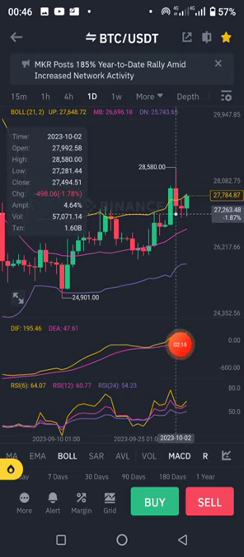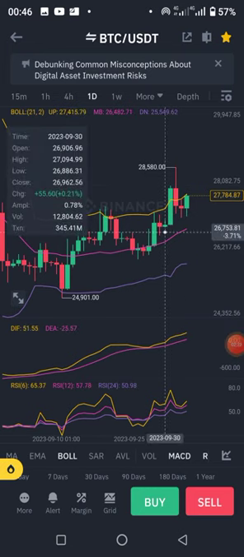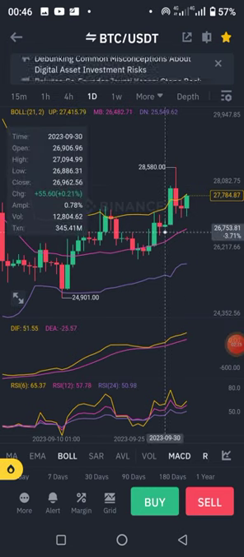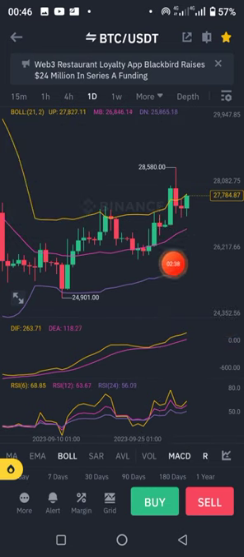You can see it moved from 27. Okay, I think it even moved from 26. Okay, there was a bullish movement around 4 days ago, because each candlestick represents 1 day. So we're in today, this is the candlestick. So let's count 1, 2, 3, 4, 5, 6. Around 6 days ago there was a bullish movement.